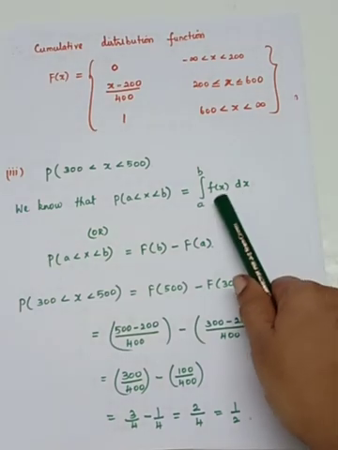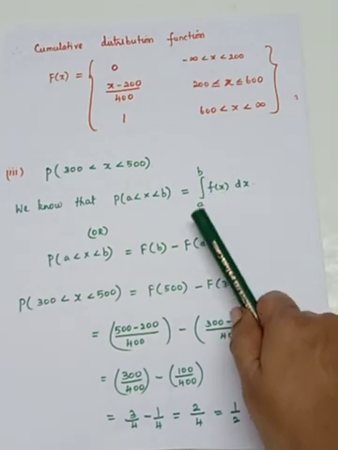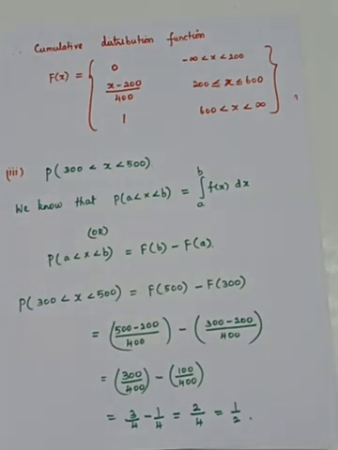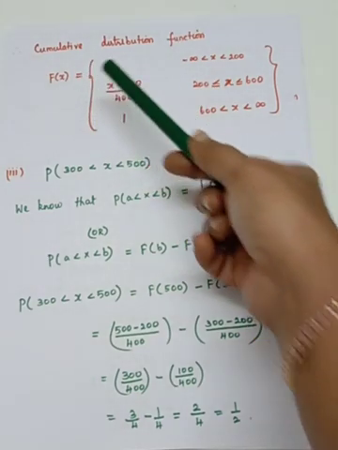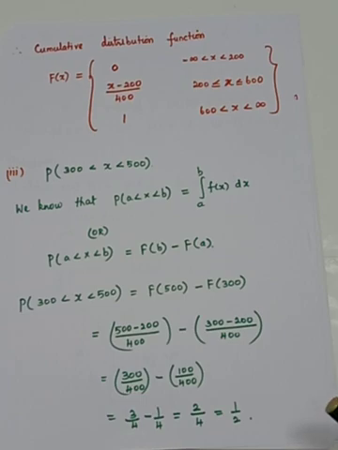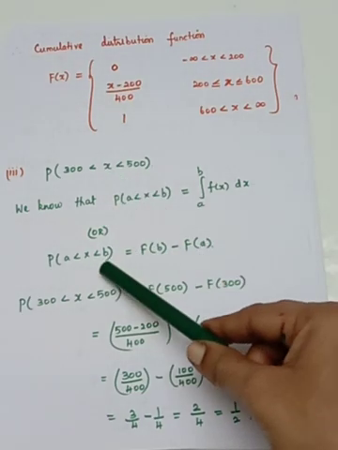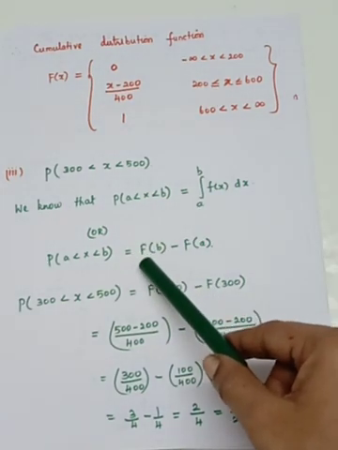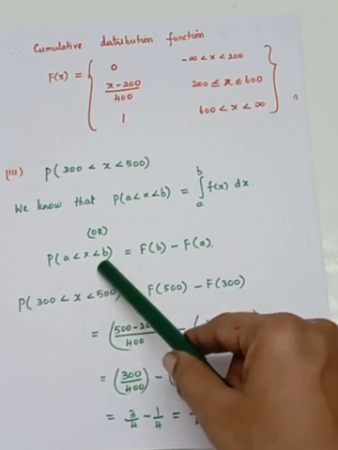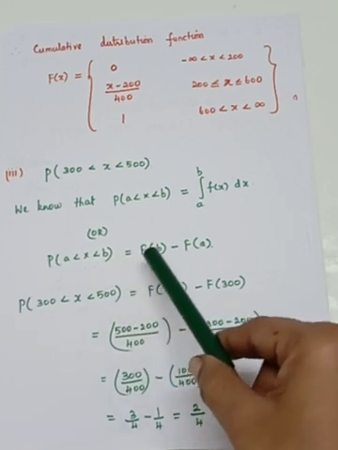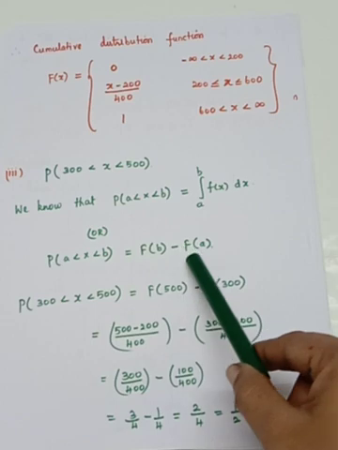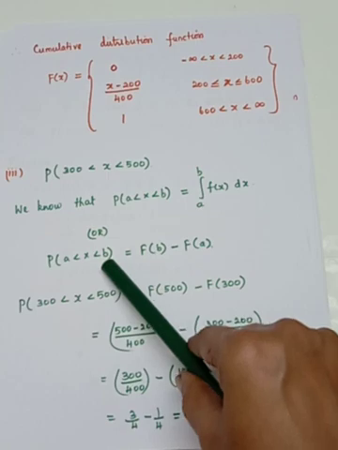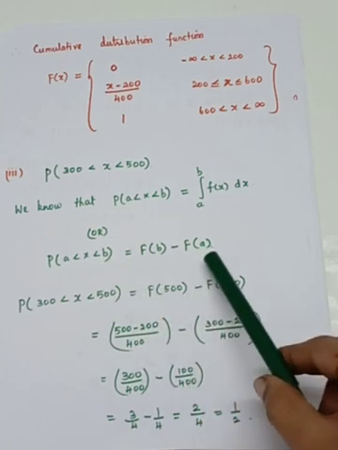Or if you have found the capital F of x, that is the cumulative distribution function for the continuous random variable, you can go for P of A less than X less than B. That means capital F of B minus capital F of A. That is the second result: upper limit F of B minus F of A.